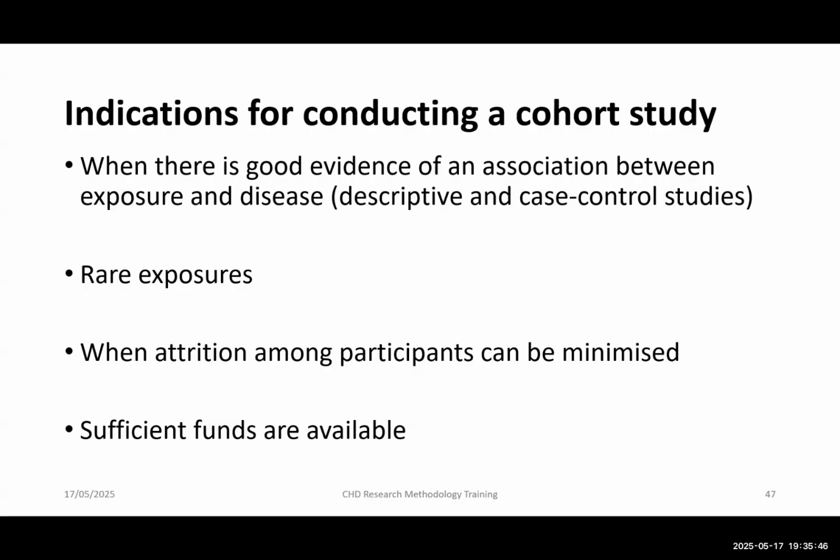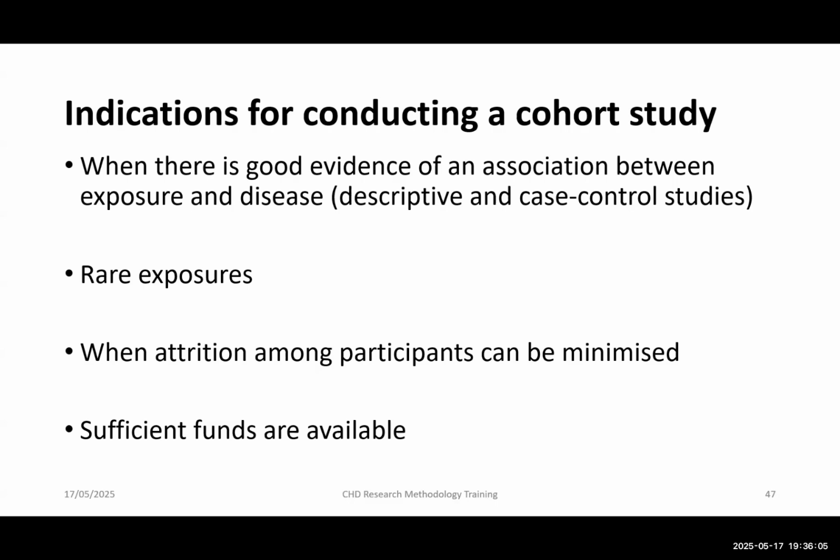Even if one or two people leave, the difference won't be much. This is why, when you determine your sample size for prospective studies, you need to factor in loss to follow up.